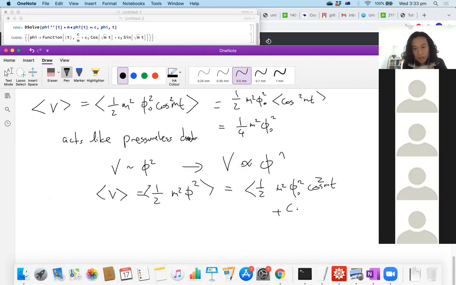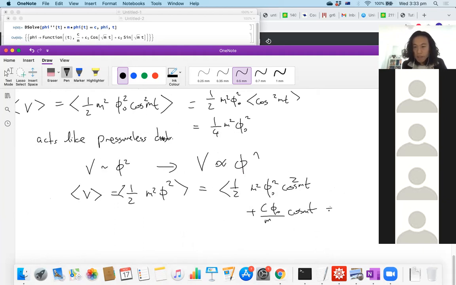So you get a c phi naught m cos mt. You still end up with a c squared m squared at the end. So these will drop out because the averaging over cos is 0. This term stays though.